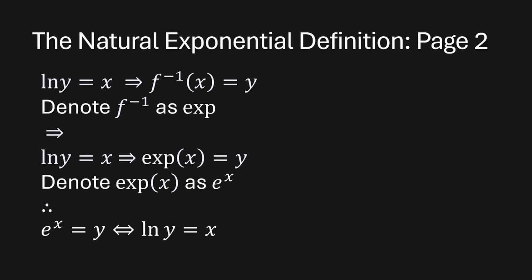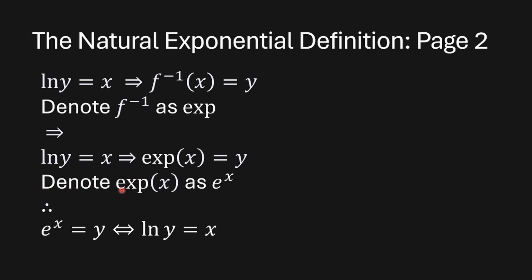Alright, so page 2. Let ln y equal x, which would imply that the inverse of x would equal y. Now let's denote the inverse of ln as exp, or exponential. This would imply that ln y is equal to x. You can write it in terms of the inverse function: the exponential of x is equal to y, because we've defined the exponential as the inverse of ln.